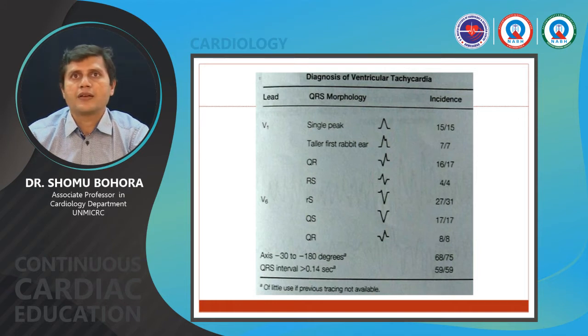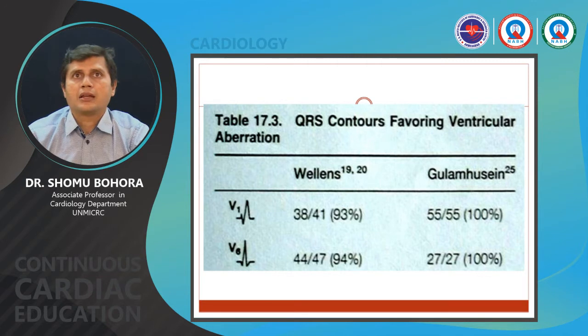In V6, if you have a QS pattern or a QR pattern, then it generally suggests a ventricular tachycardia.